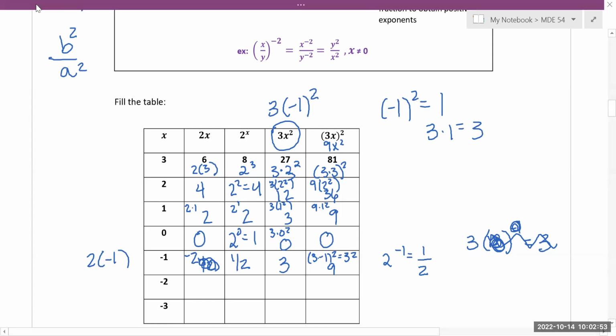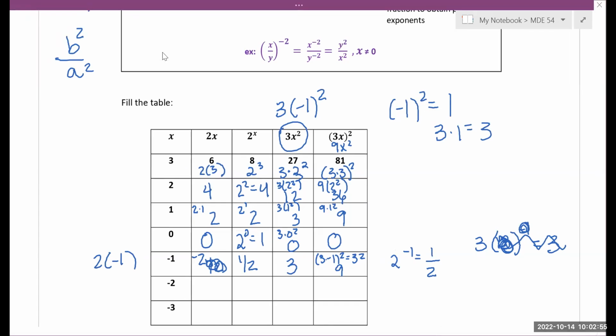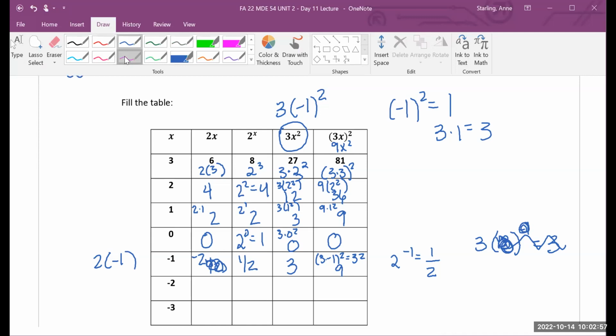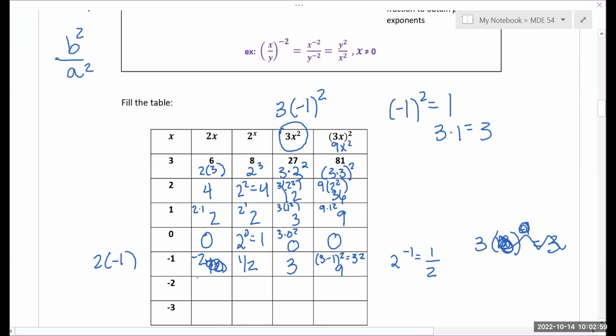Okay, let's do the negative 2 now in a different color so you can follow me. All right, 2 times negative 2 is negative 4. 2 to the negative 2 is 1 over 2 squared, or 1/4. 3 times negative 2 squared. The squared gets rid of the negative, so it's 3 times 4, which is 12.